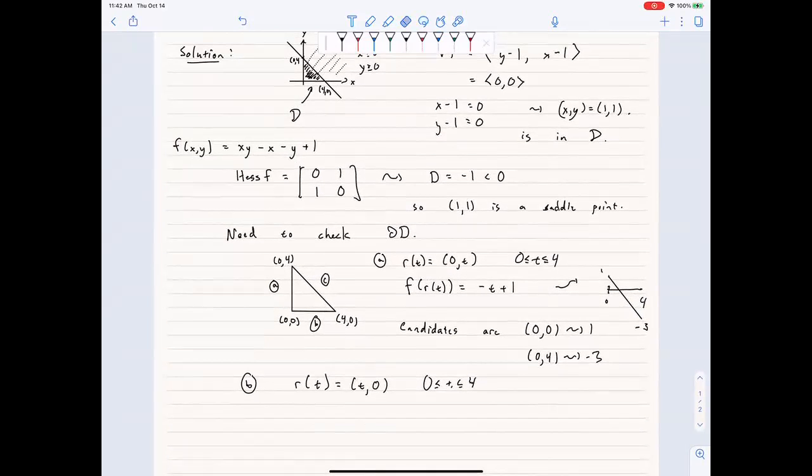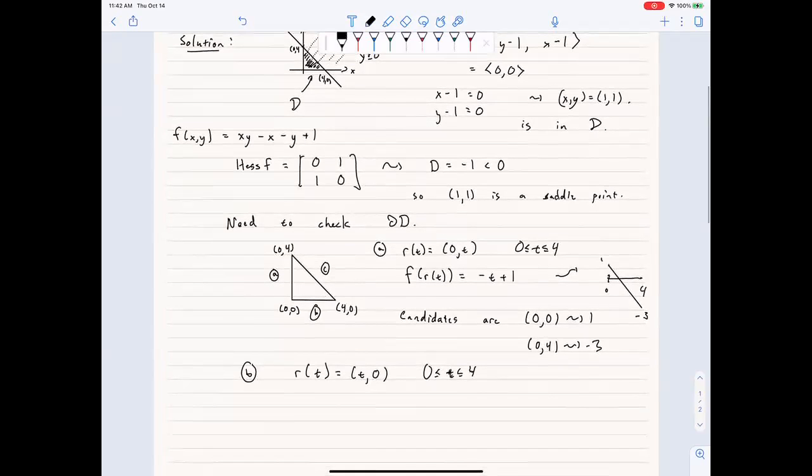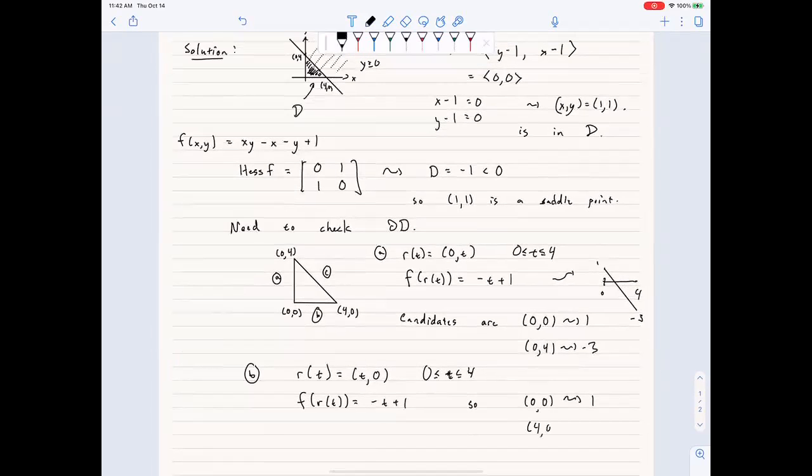If I put f of r of t in this case, I'll get precisely the same function: minus t plus 1. So the candidates here are that (0, 0) is still going to 1, and (4, 0) is going to negative 3. So now if I look at all of my candidates on the shape, I've got just the endpoints, the vertices of this triangle, so far.